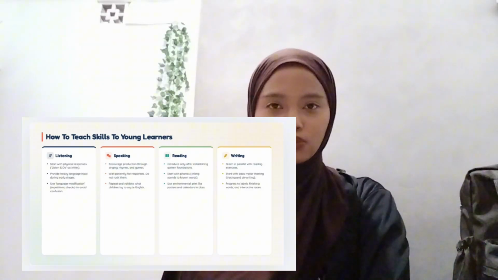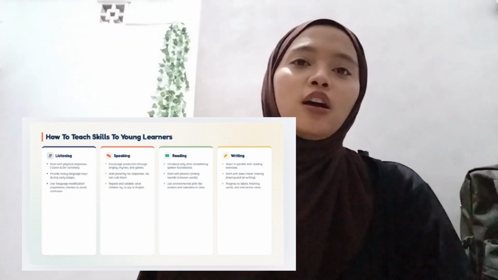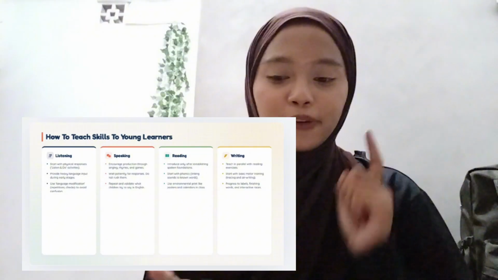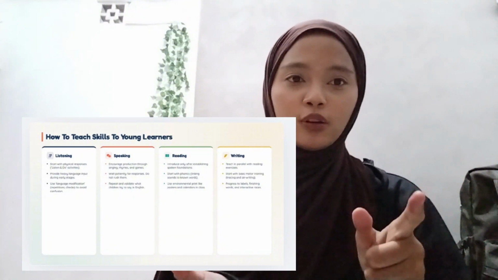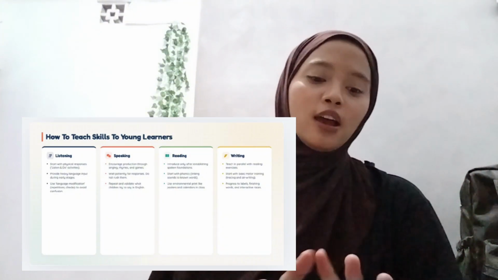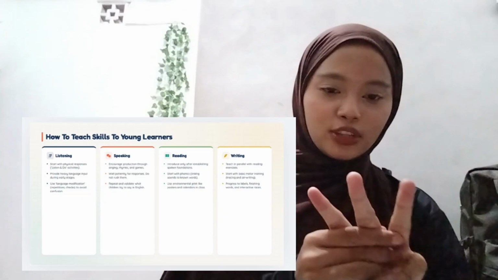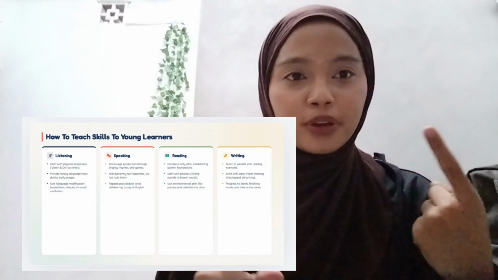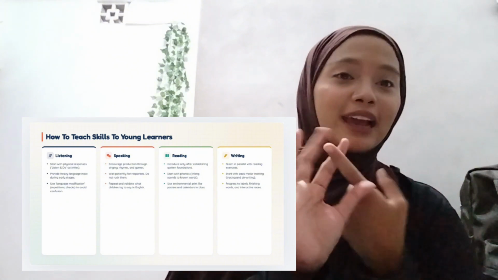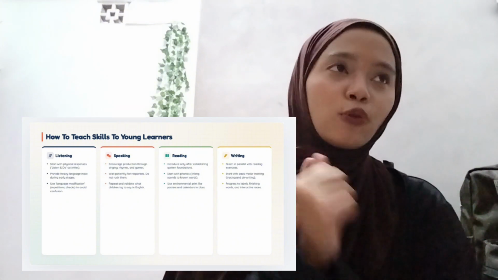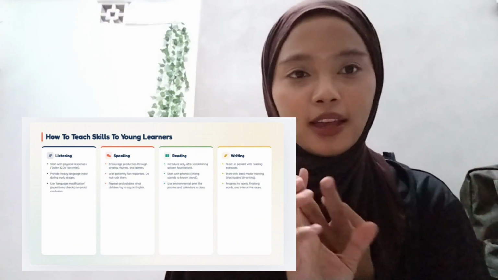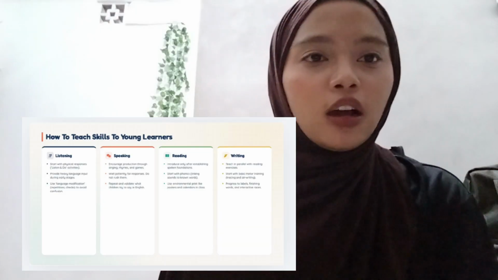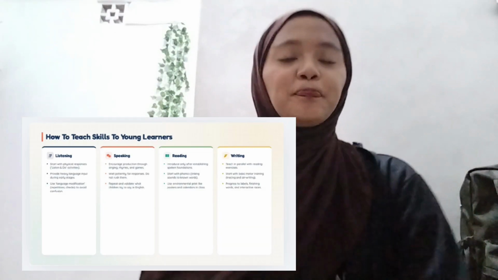The next one is how to teach skills to young learners. For the first one, listening. In listening and reading, you as a teacher need to have 3 stages. First one is pre-activity, the second one is whilst activity, and the last one is post activity.